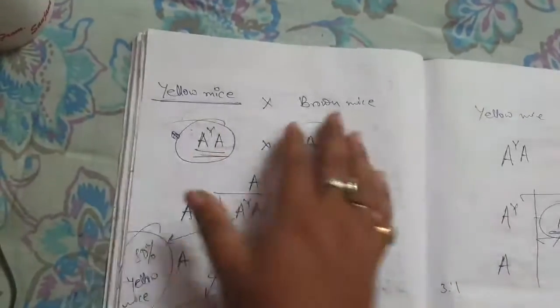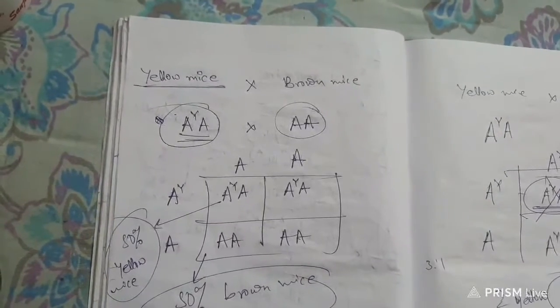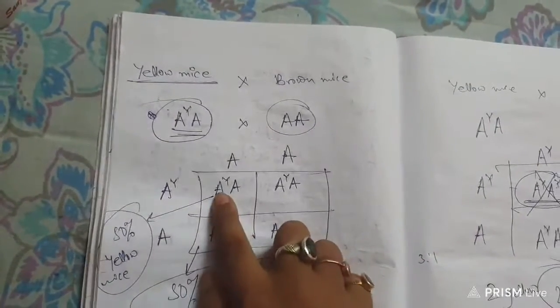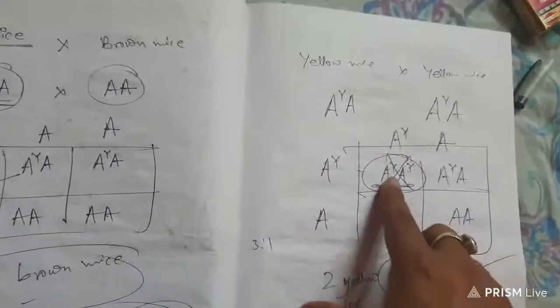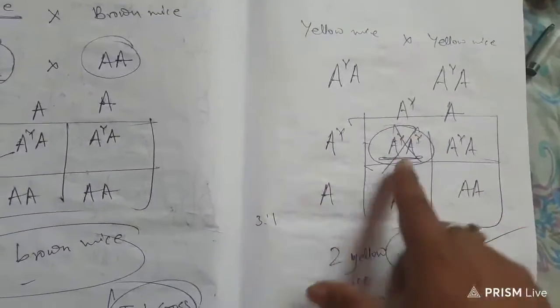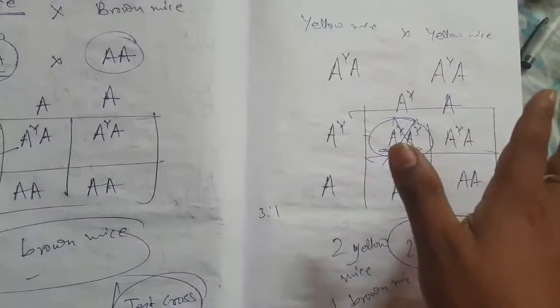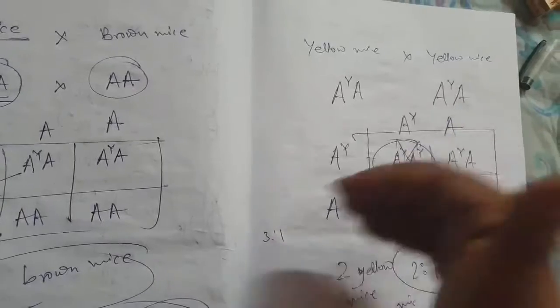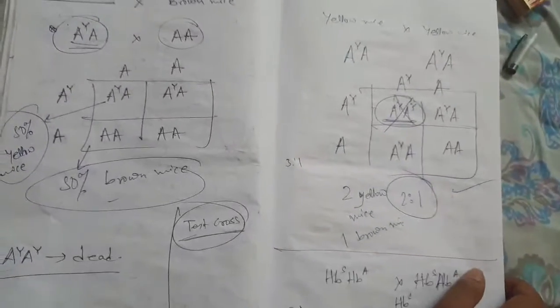Okay, so I hope that you understand where the problem is. Now there is one example of yellow and brown mice, where the yellow mice can survive carrying a lethal gene, but if it becomes AY AY, then it will die. Then the ratio becomes 2:1, because this one already dies. The phenotypic ratio in the F1 generation changes from 3:1 to 2:1 in the monohybrid that we see.